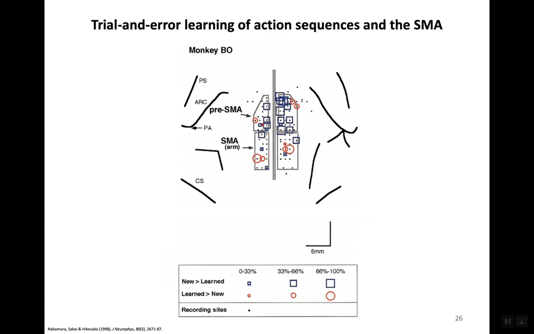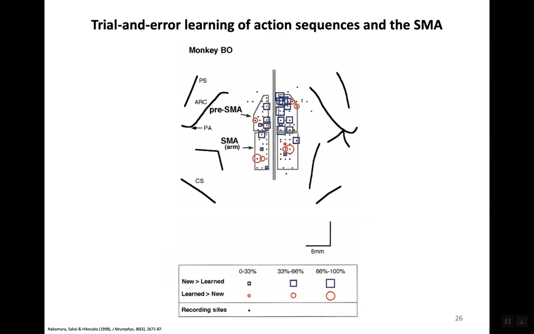But a lot of aspects of this research still remain to be clarified. So we do know that the SMA is involved in the initiation of voluntary movements. We do know that it has something to do with learned sequences, but it's yet unclear to what extent it is involved in things like postural control or manual coordination.